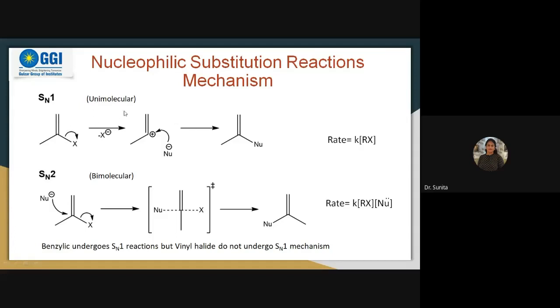The rate depends only on the concentration of a single molecule, the substrate, the alkyl halide in this example. So rate is directly proportional to the concentration of the alkyl halide, with k as the proportionality constant. Is it clear?